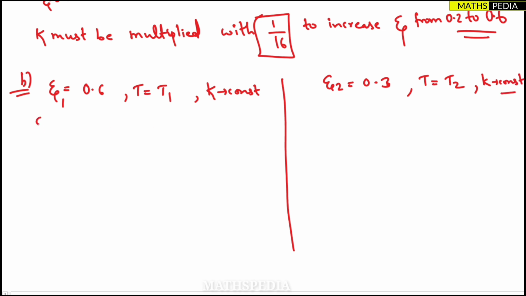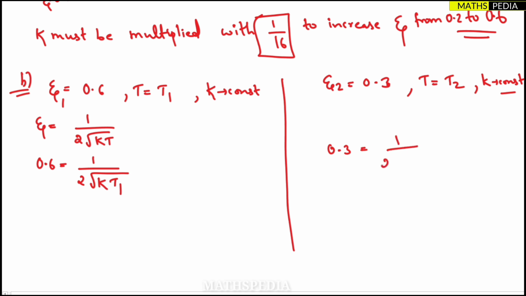So what will be the formula? Again the zeta formula: 1 by 2 root kt. Here I apply zeta 1: 0.6 is equal to 1 by 2 root k t1. So k value remains the same, t value becomes t1. Here again 0.3 is equal to 1 by 2 root k into t2.